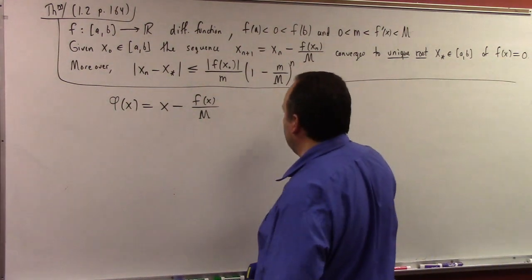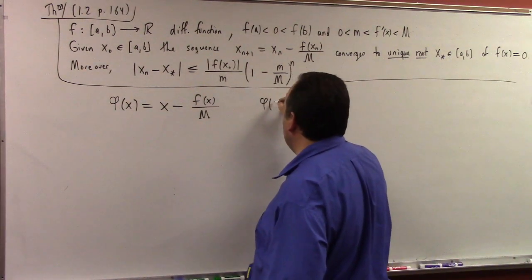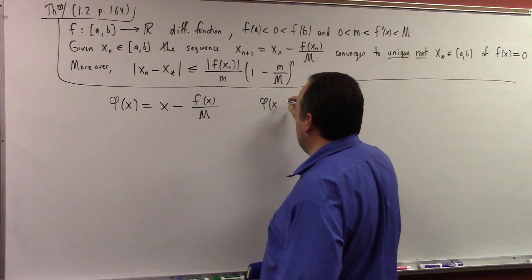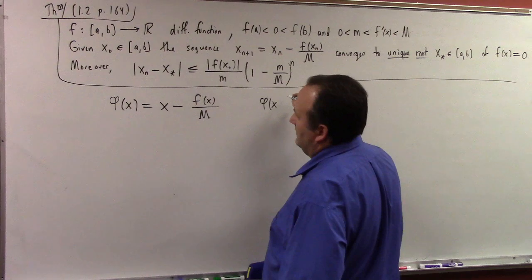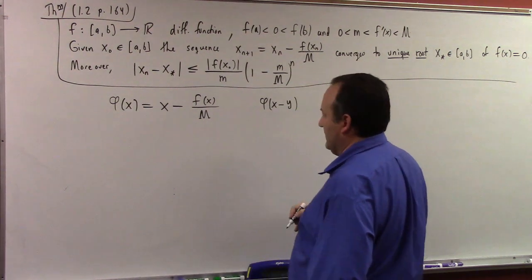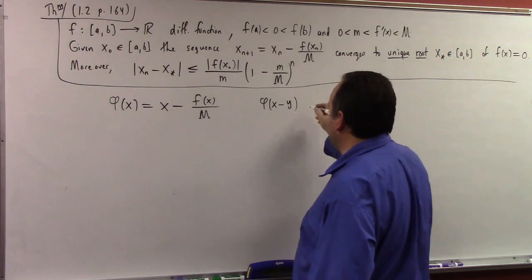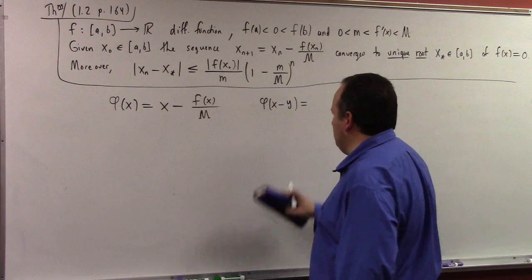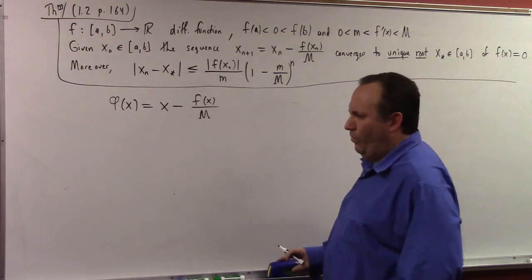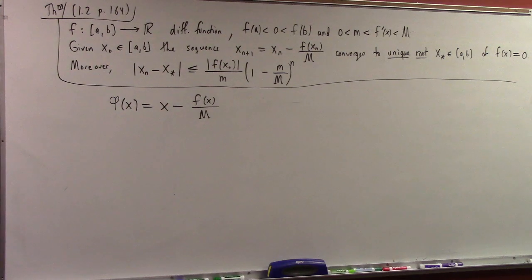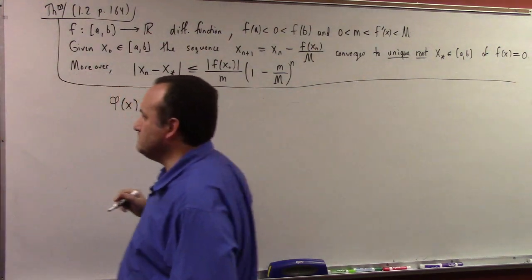So let's look at what happens when we take phi of x minus... I can use x and y. I'm supposed to look at phi of x minus phi of y, right?